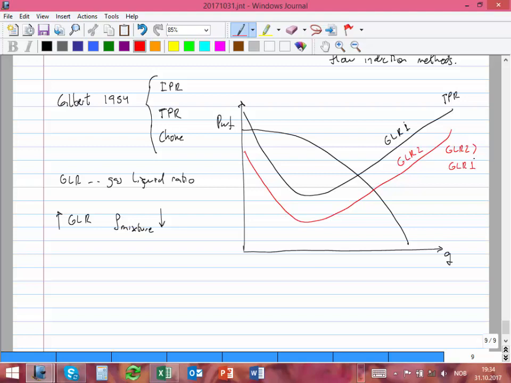We are going to talk about gas lift a little bit at the end of the week, but that's actually the philosophy behind gas lift, that you want to increase the gas liquid ratio such that your required pressure will be displaced going down.